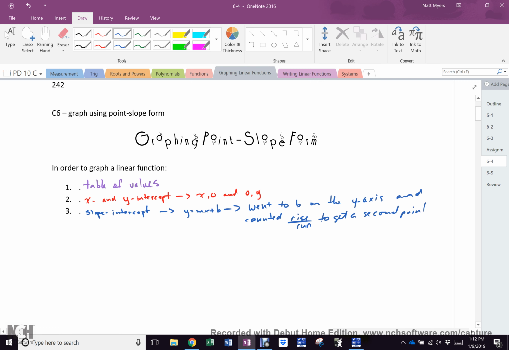And then, of course, you connected the dots. Now, all 3 of those are wonderful. They work great. The easiest one, of course, to work with in my mind is slope-intercept form, because you need not do very much thinking about it.